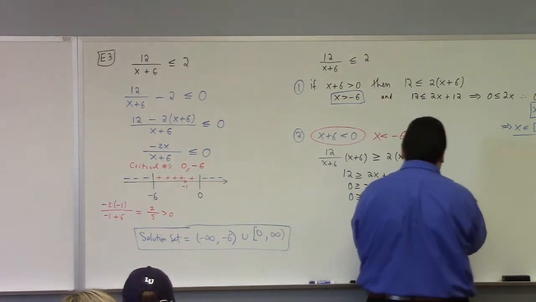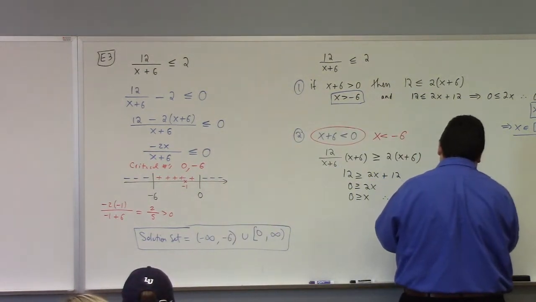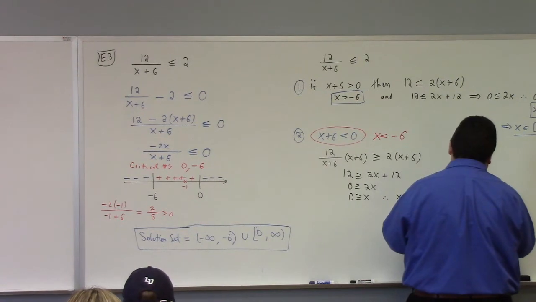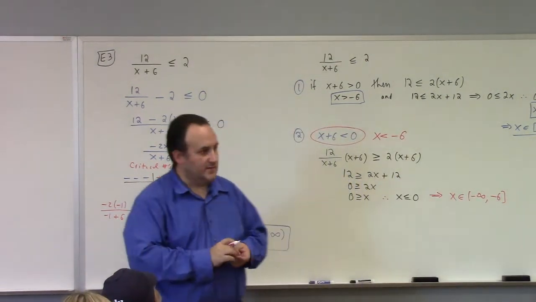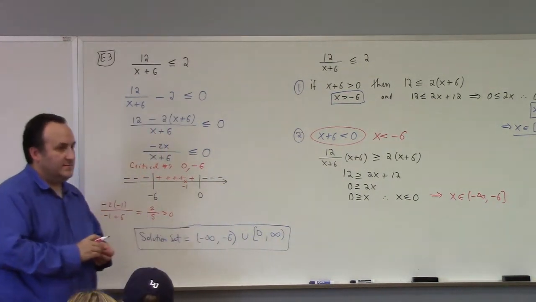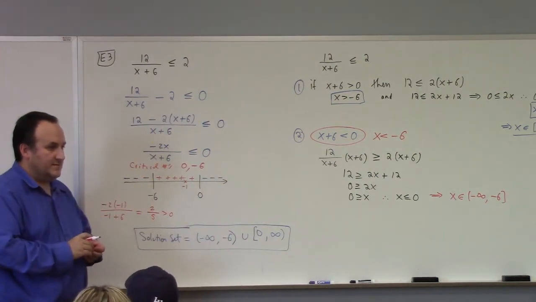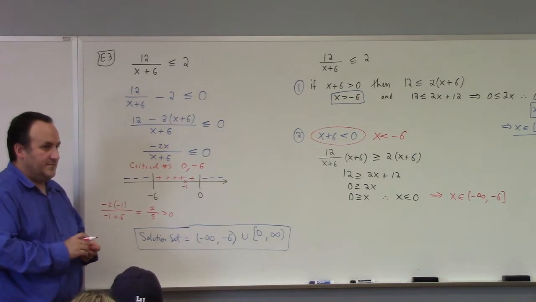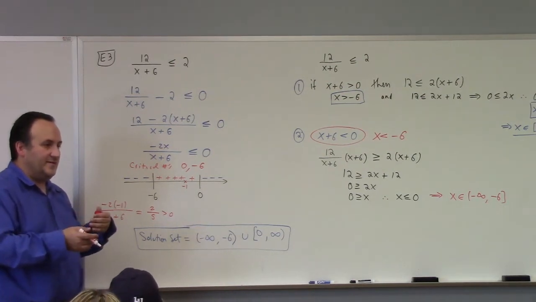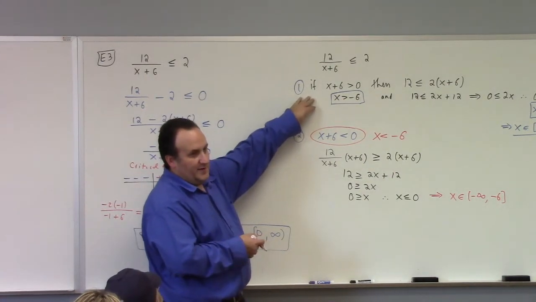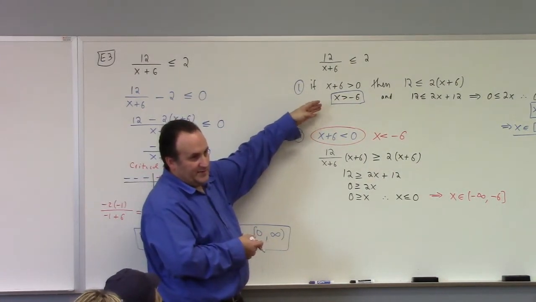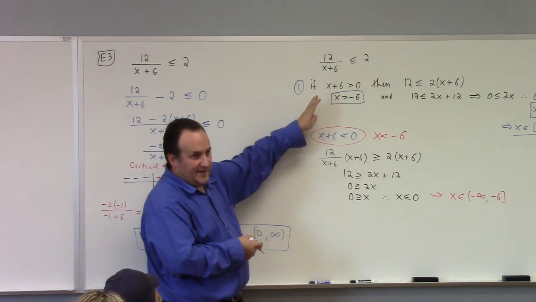This actually says x is an element of minus infinity to minus 6. Because the initial assumption is the one that is dominant here. So you have to always be thinking about the balance between your choice and what the outcome of working out the inequality is, and which one takes precedence in that case.